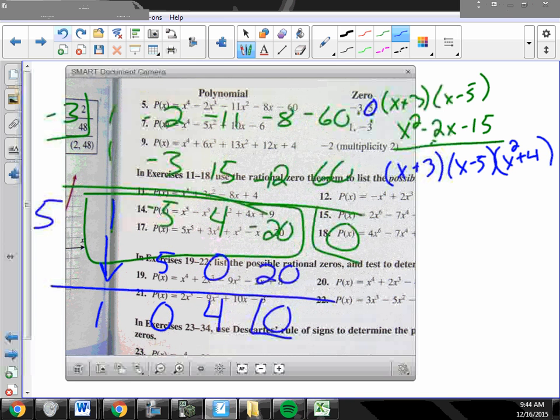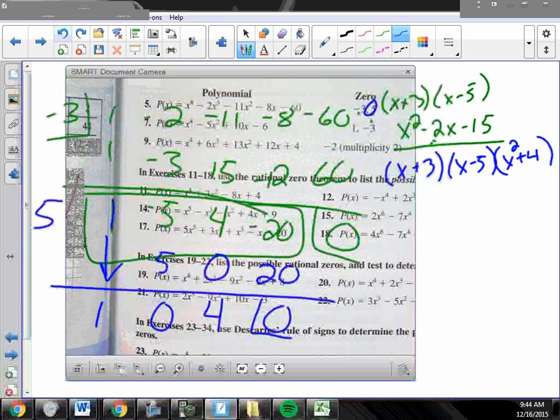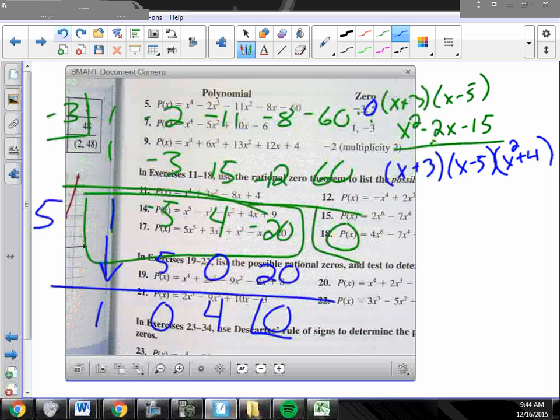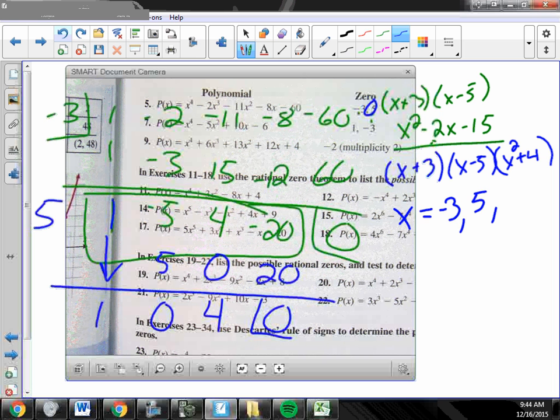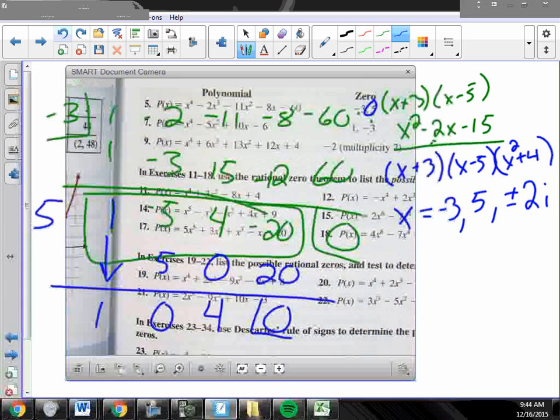Does x squared plus 4 factor? No, it's a sum of perfect squares, not a difference. If it was x squared minus 4, then the factors would be plus or minus 2. But if it's a plus, then the roots end up being plus or minus 2i. So my roots are -3, 5, and plus or minus 2i. And you can see that by setting this equal to 0.